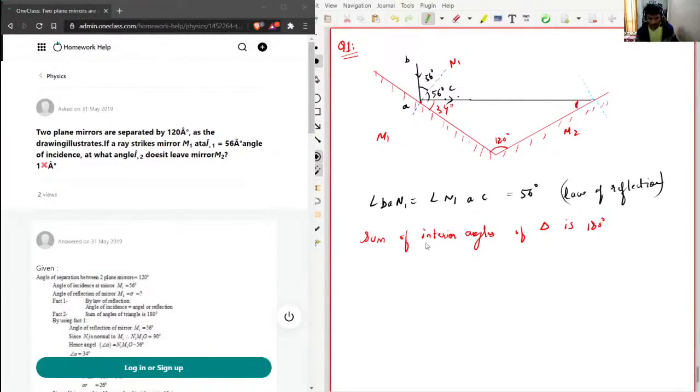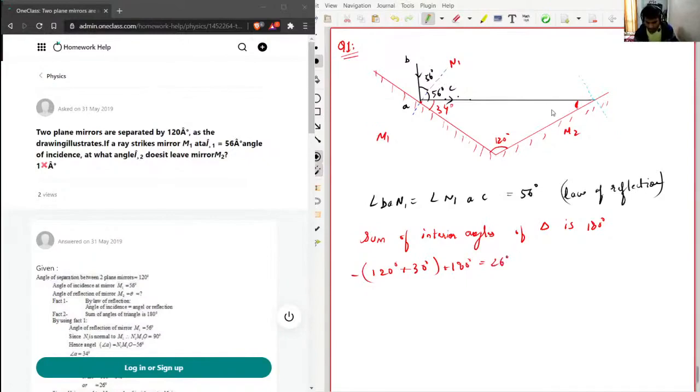So this will be 120 plus 34 whole subtracted from 180, and this will be 26.